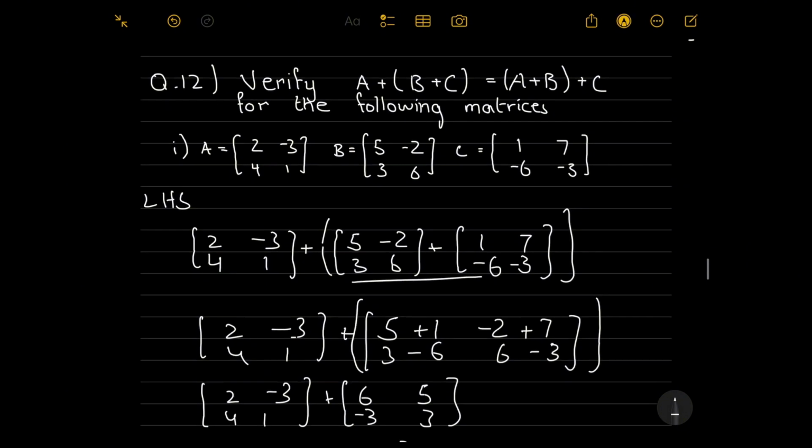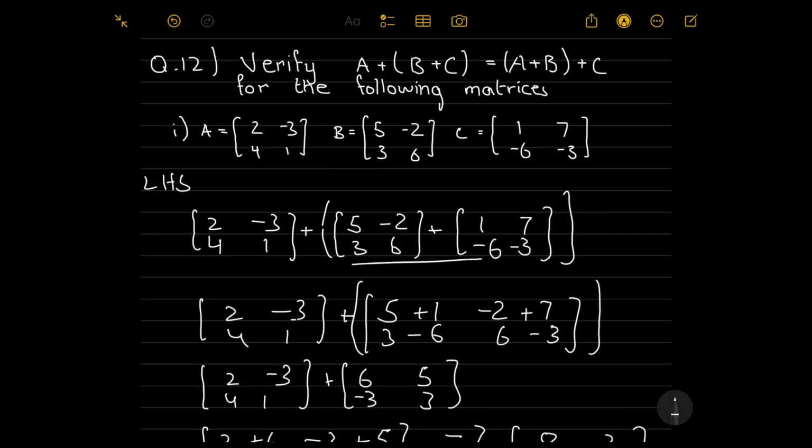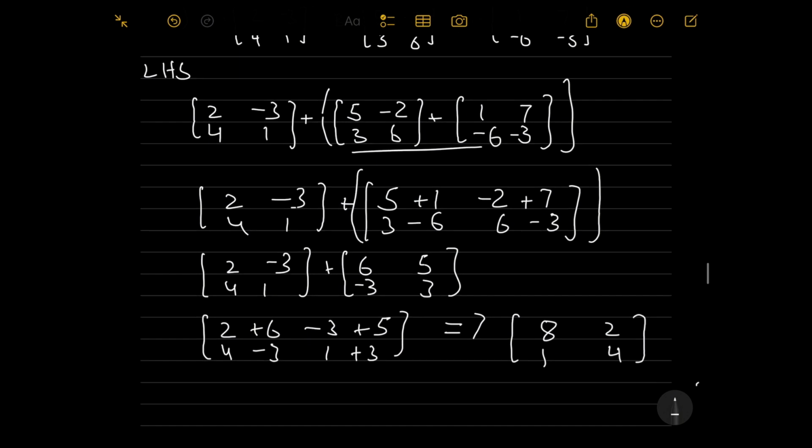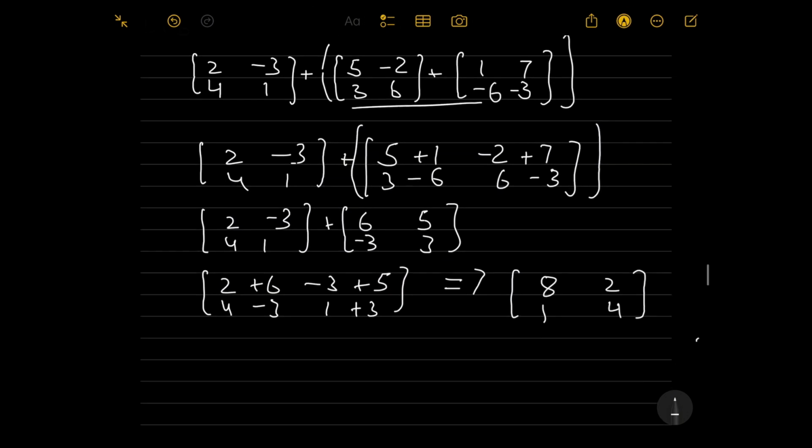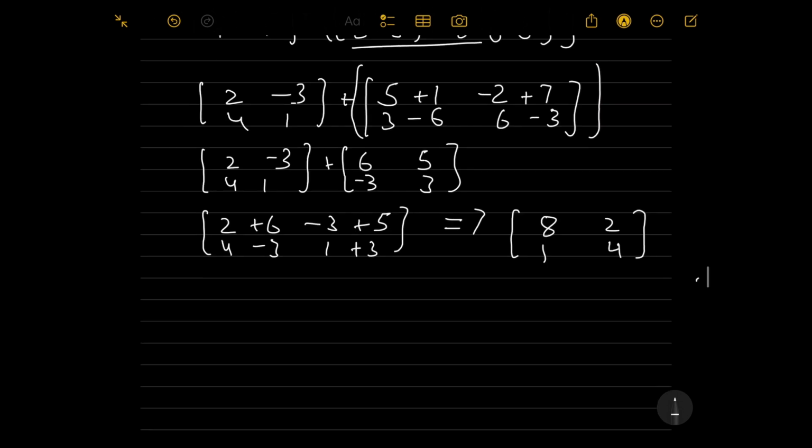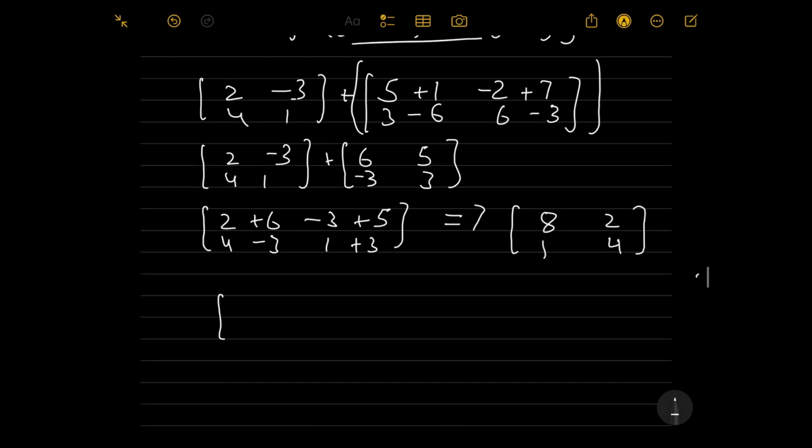Now we'll solve the right hand side. A plus b, plus c. So the a and b in brackets. So this is the right hand side.